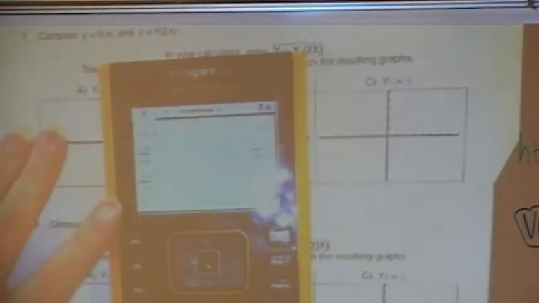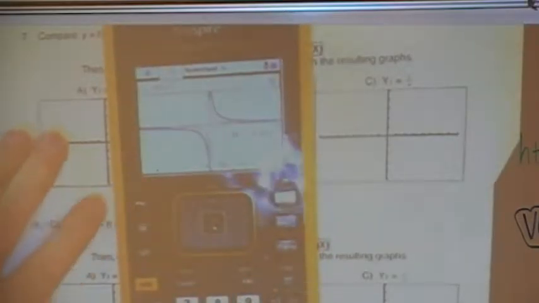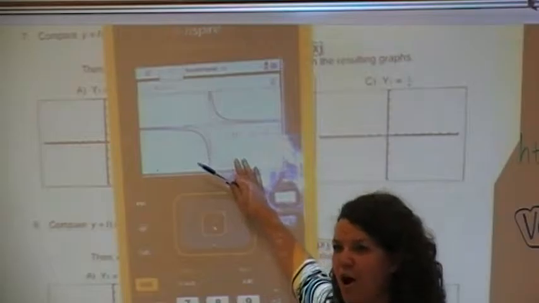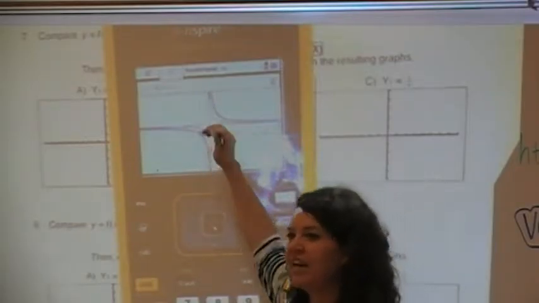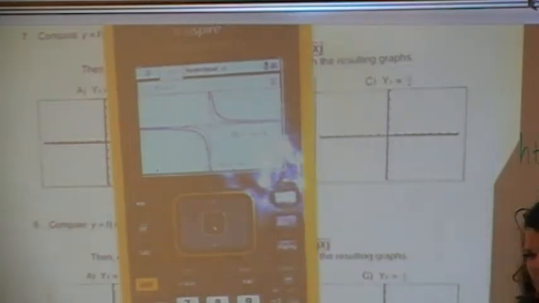Oh, the little box on there? Yeah. It was checked on my F2, but I don't ever remember looking at my F2. It has to be checked on both or the graph won't show up. That little box has to be changed. And that's so that if you wanted to leave a function in here but take it off the screen, you could unclick it. That way you didn't have to erase it, especially if it's a really complicated one. You can just unclick it and it won't show up.